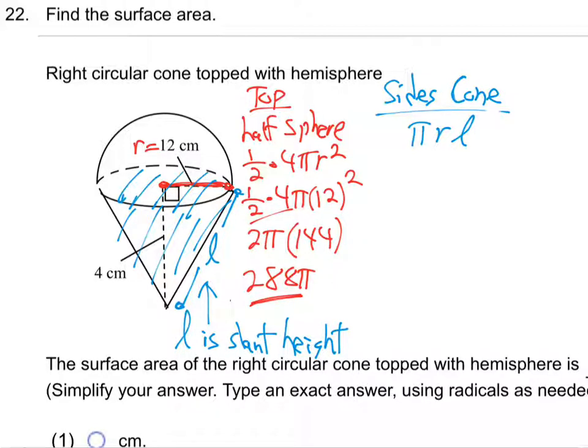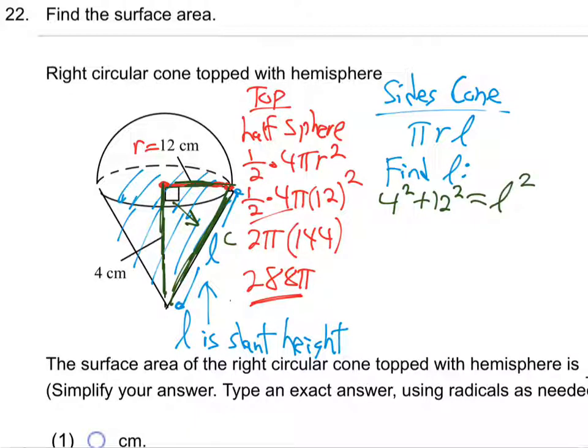So how are we going to figure out the L? First, we have to find L, and you can probably see how we're going to find L. We're going to do the Pythagorean Theorem, aren't we? Because we have a right triangle. Boom, boom, and then the L here is the C. It's the side across from the right angle. So 4 squared plus 12 squared is L squared.